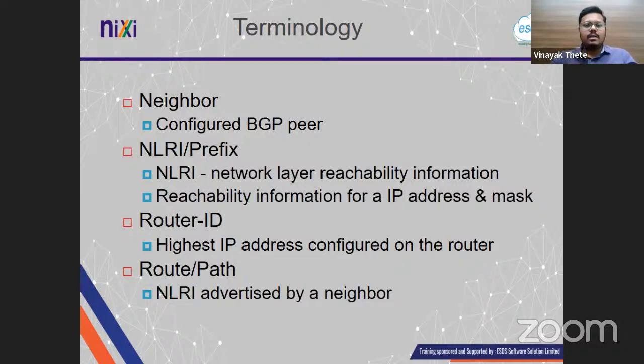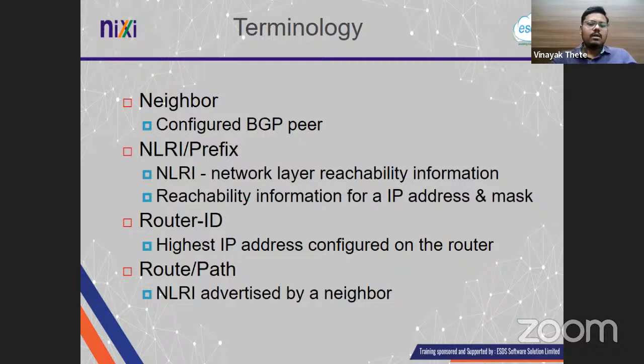Then the router ID is used for BGP neighborship, which is the highest IP address configured on that router, or the loopback IP address, which is called the router ID in BGP.